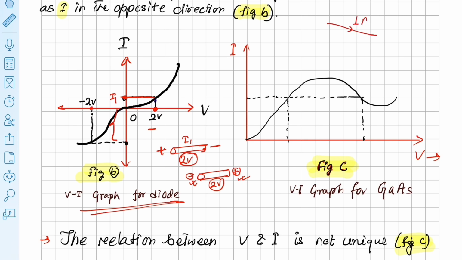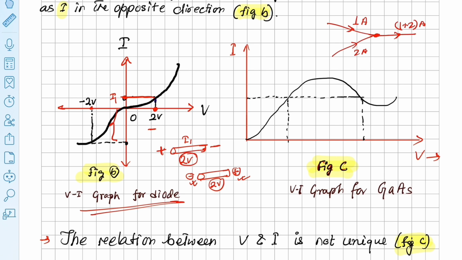So let me explain it again. Suppose you have a conductor here in which 1 ampere current is flowing, and another conductor in which 2 ampere current is flowing, and this is the junction of these two conductors. Then suppose we have joined another conductor; the current in this conductor will be 1 plus 2, equal to 3 ampere.